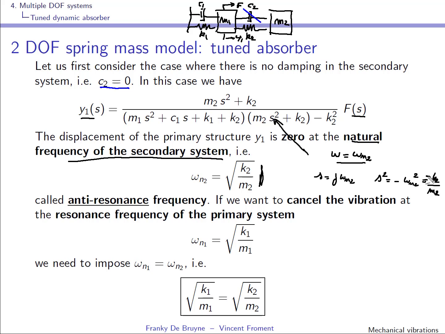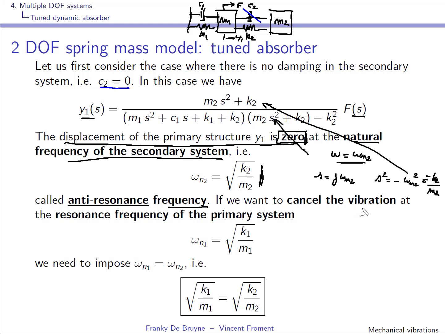If you plug that in here, you see that the displacement of the primary structure is 0. So this is what is called an anti-resonance frequency.